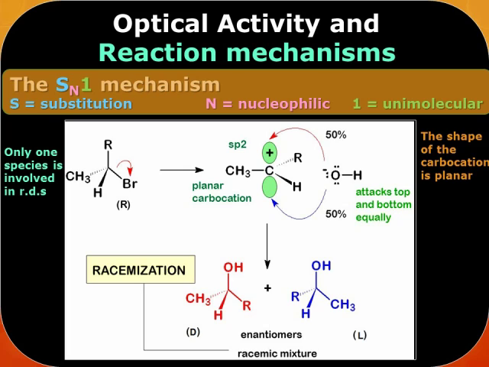If the attack happens on top, one enantiomer forms, and from the bottom, another enantiomer.